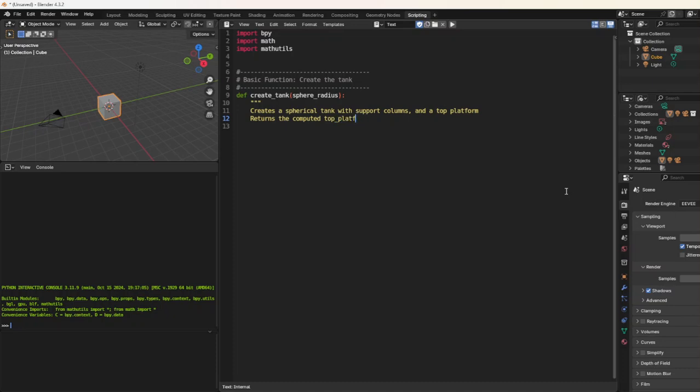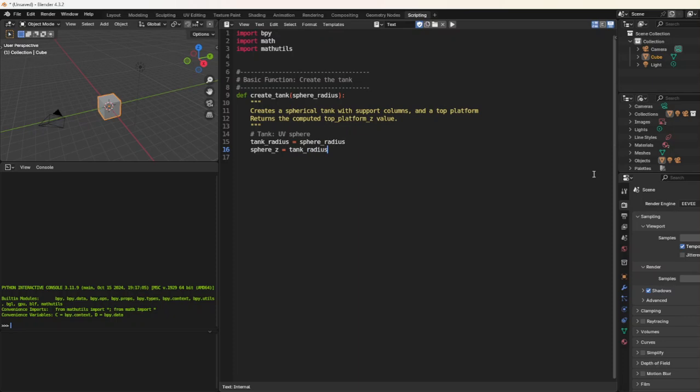Alright. The top z value, we'll get into that later. Okay, now the tank, UV sphere, and I'll get into what that is later. So tank radius is the sphere radius because they're the same thing. sphere_z is equal to tank_radius.